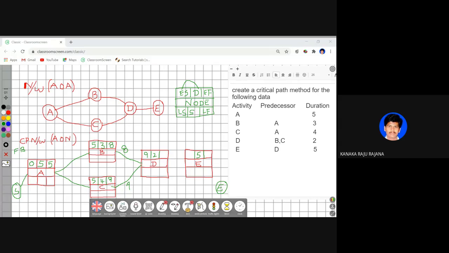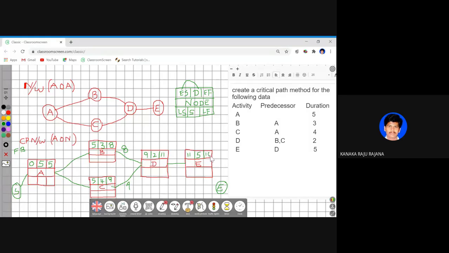Okay. Now the next important point is here. When it is 9 and 2, what about 9 and 2? 9 plus 2 is nothing but 11. Now this 11 is again alone connected to E activity, so 11 acts as the early start. So 11 plus 5 is nothing but 16.